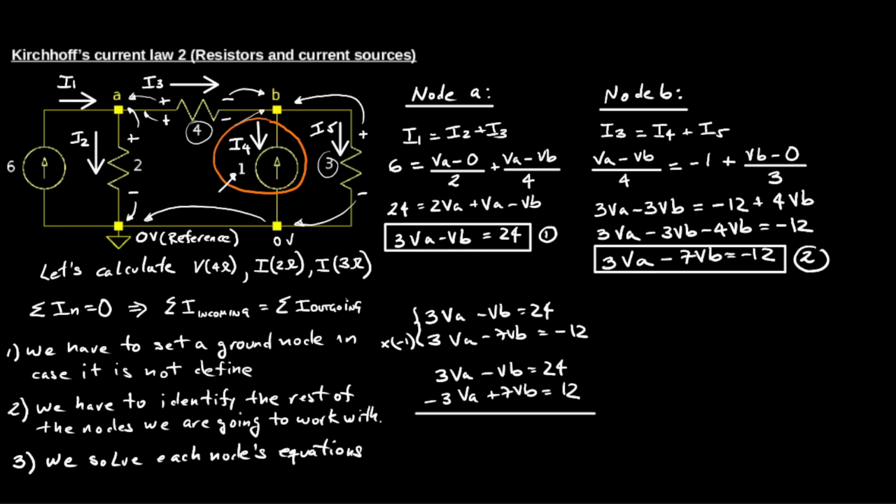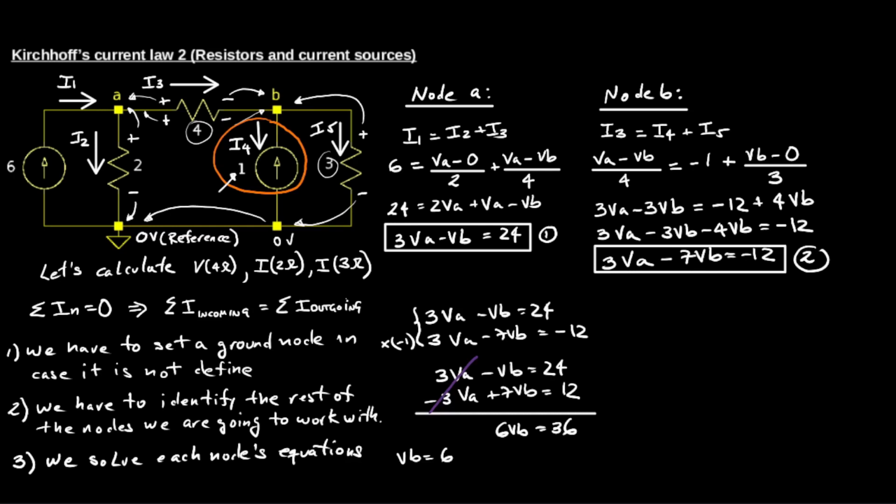Okay, so by solving this, I get that VB equals 6 volt. I forgot to write the units.